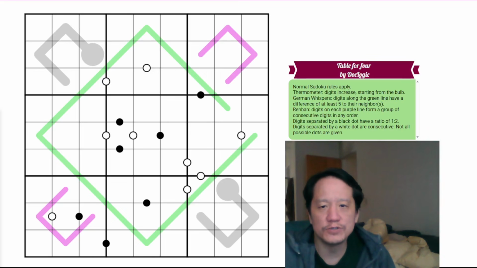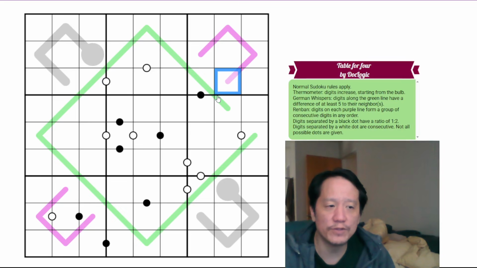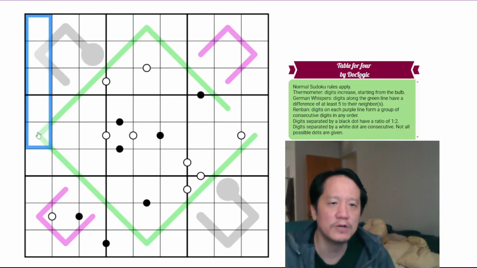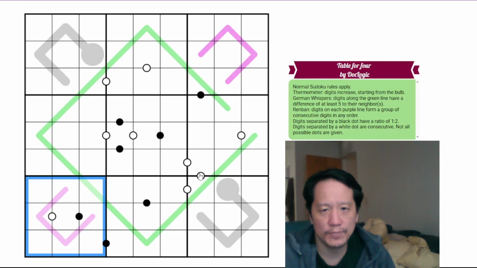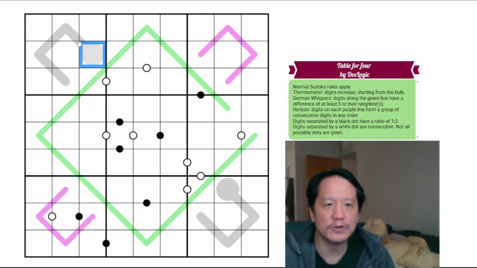Normal Sudoku rules apply, which means in every cell in the grid, place a single digit from 1 through 9 such that there are no repeats in any row, column, or designated 9-cell region. We have thermometers, where digits increase along the thermometer starting from the bulb.